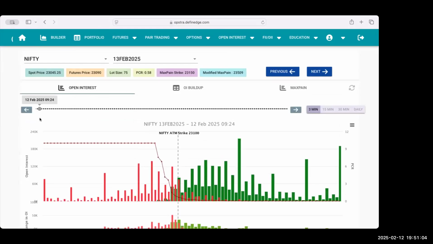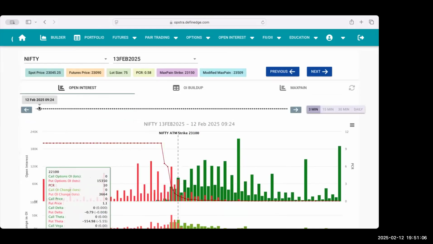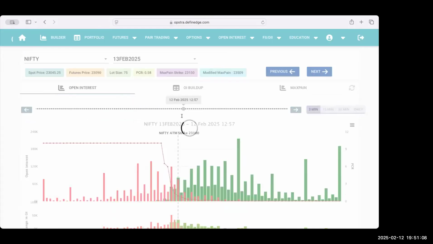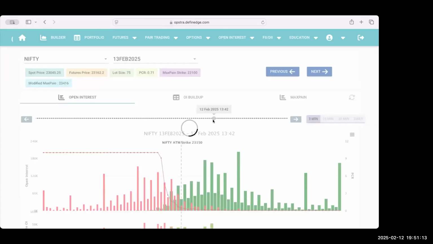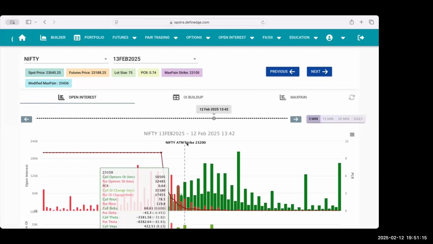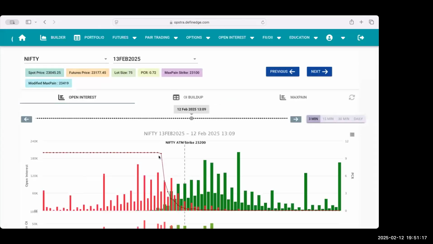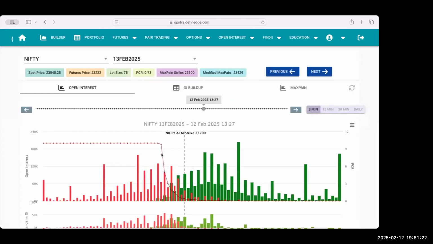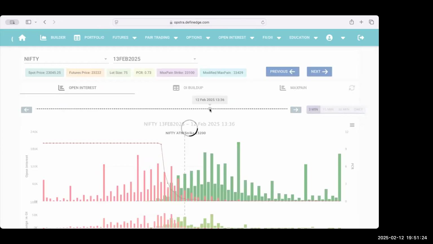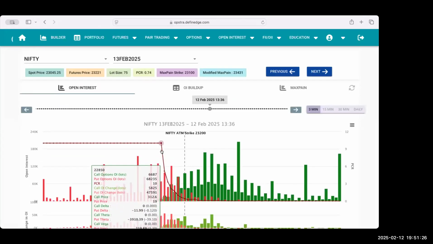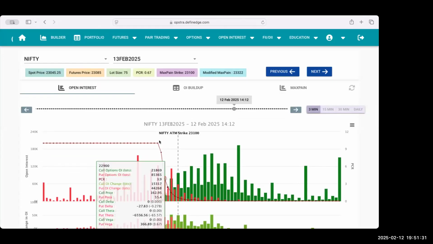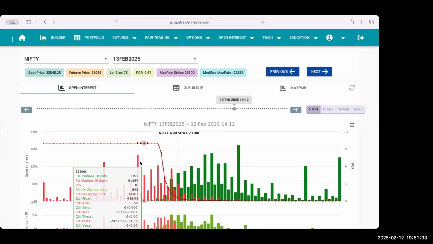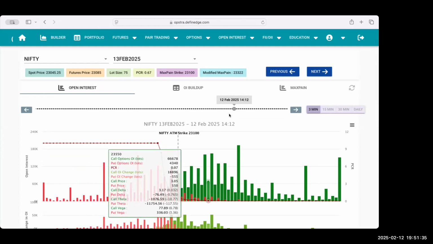See, the morning drop came here, heavy calls, and here somewhere the market started going up. So these guys added their position. You can see the data. Observe here, put was down, puts added, puts added. So this is how the stock went up. Put came down because these guys exited their position. That is why Nifty also came down here.